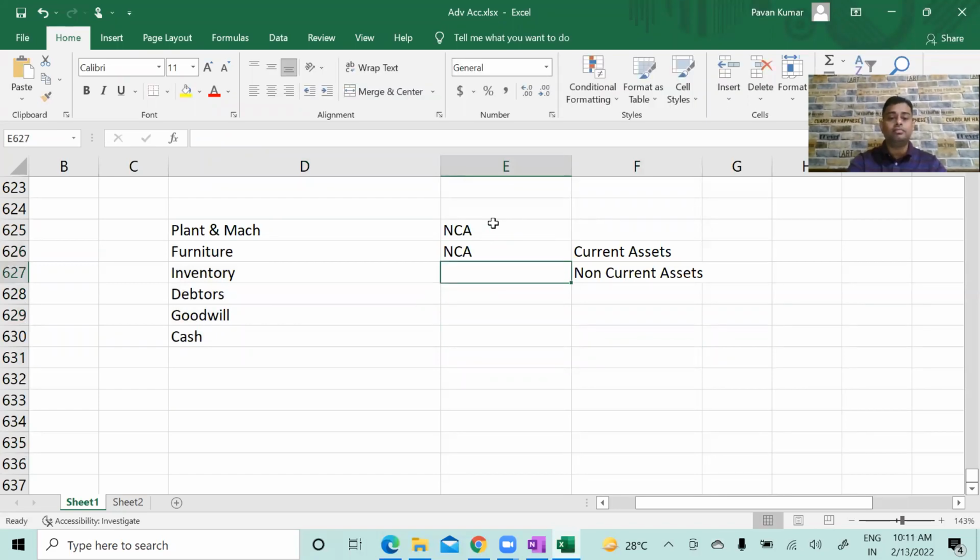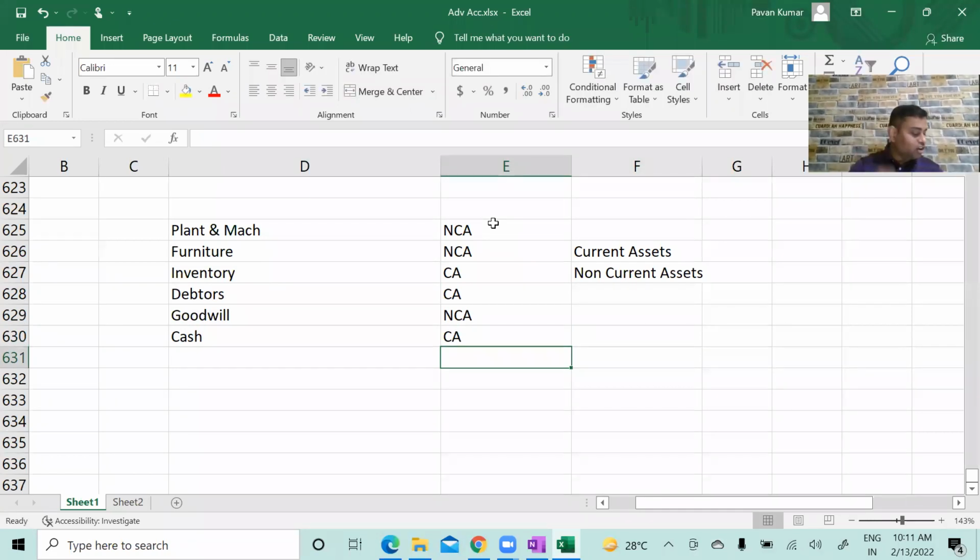Inventory? Current asset. Debtors? Current. Goodwill? Non-current asset. Cash? Current asset. So how do you identify a current asset and a non-current asset?